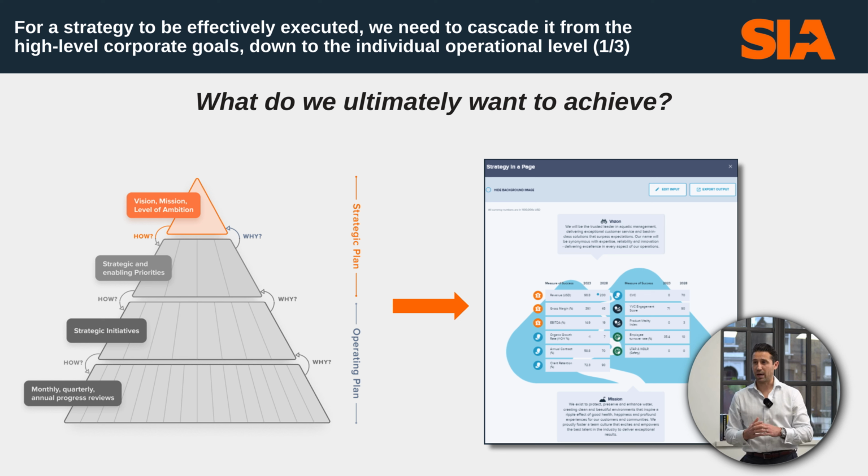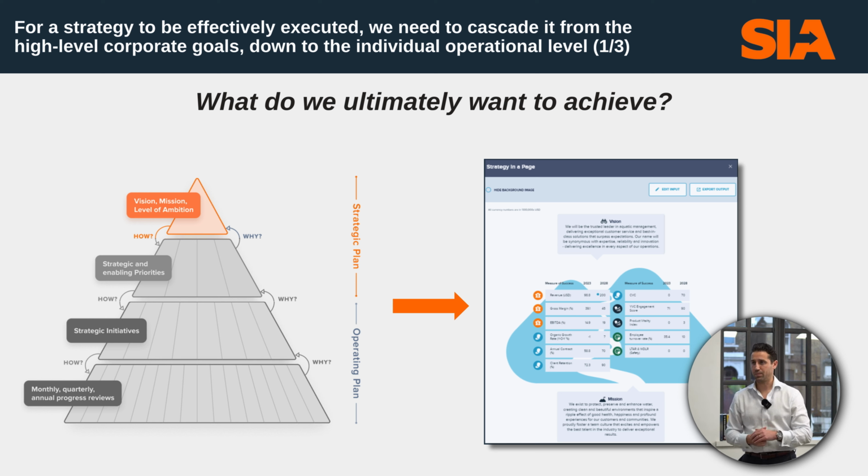The strategy on a page outlines those qualitative elements, the vision and the mission, and transforms it into the quantitative elements, those KPIs, financially related KPIs and non-financially related KPIs that ultimately say, these are the levers that we want to move, and this is the level of ambition that we want to go and achieve.